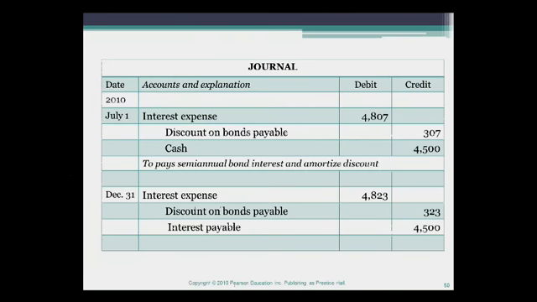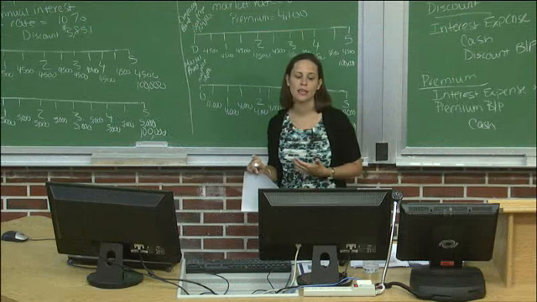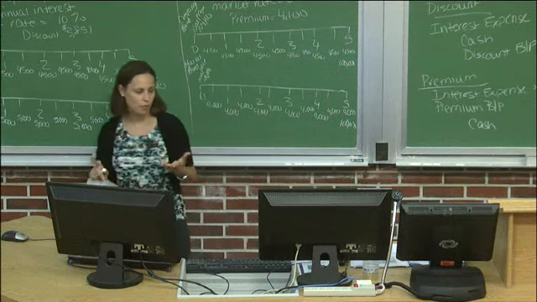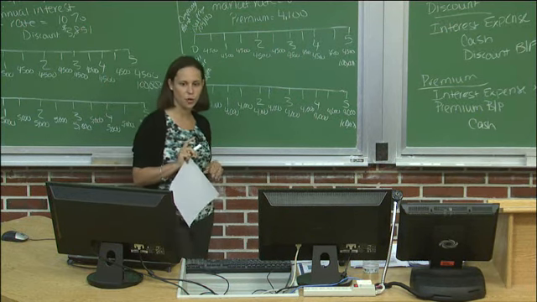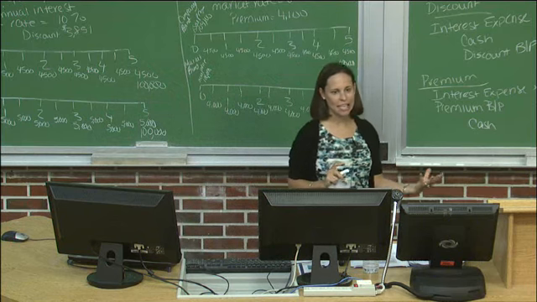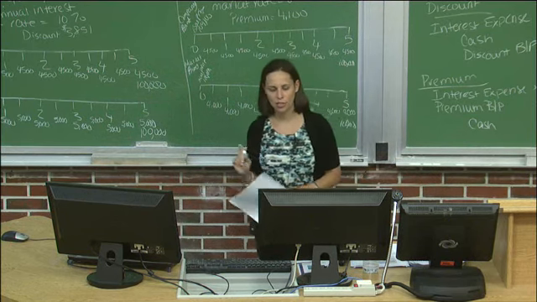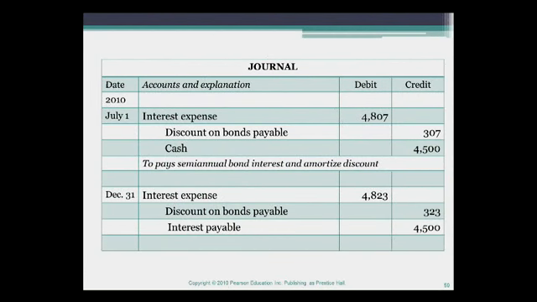Okay, remember, assuming this is a calendar year company, their end of the year is December 31st, so we're going to have to accrue for that interest at the end of the year. They're actually going to pay it on January 1st. So on January 1st, it would simply be debit interest payable, credit cash, $4,500. Okay, but you need to get that interest expense recorded in the correct year. So you accrue for it at the end of the year. That is the difference. Okay, any questions on how we calculated that?